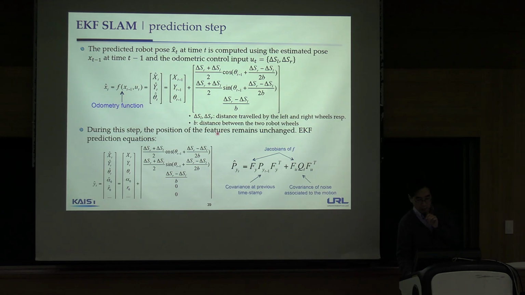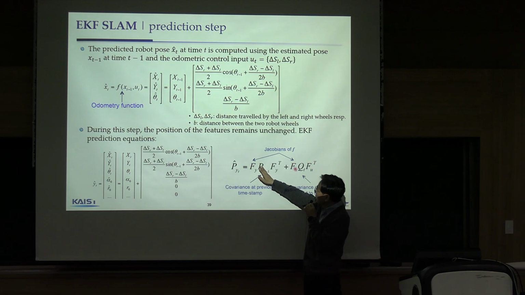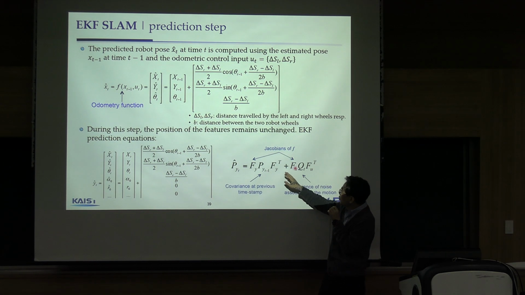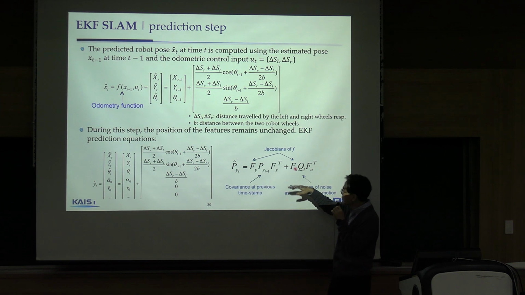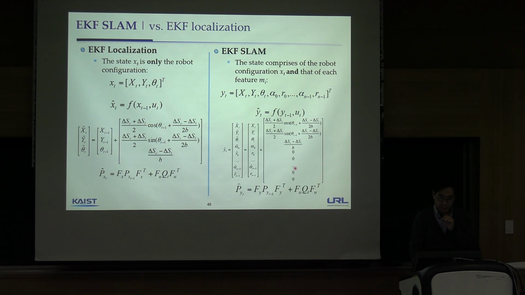We assume that, so that's why alpha is not updated. So 0, 0 will be added. We assume that they are stationary. And the covariance will be propagated using the error propagation law, as we already discussed. This was the previous covariance, and we multiply the Jacobians in front and back, and it is propagated.